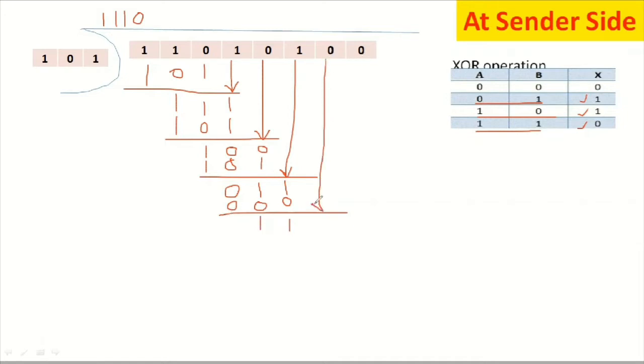Bring this 0 down. Now I have 1 as the first number, so I can do 101. I'm doing the XOR operation again. So 1 1, and then bring the 0 down, which will make it 110. So 101 once is 101.